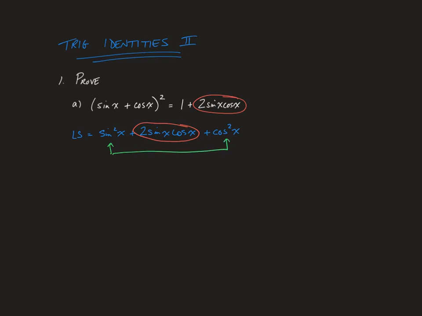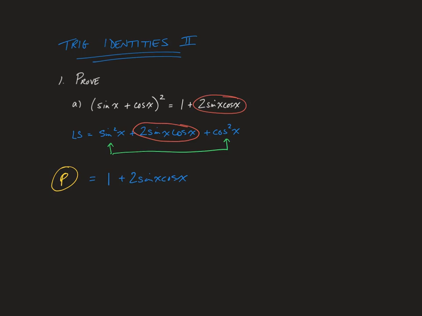That what you have is a sine squared plus cos squared, and we know our Pythagorean identity says that that is equal to 1. I used my Pythagorean identity. I'm going to quote it. And there we go.